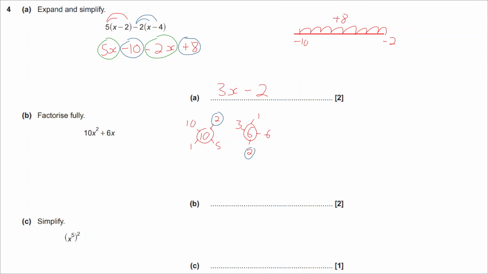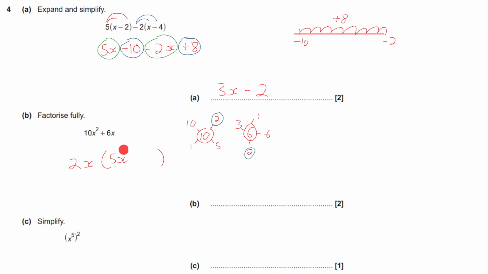So we can take out a 2, but also you've got an x squared and an x. You can take out an x and then open up a bracket and say, well, 2x times by what gives you 10x squared? Well, 2x times by 5x, because 2 times 5 gives you 10, x times x gives you x squared, so altogether you get 10x squared.